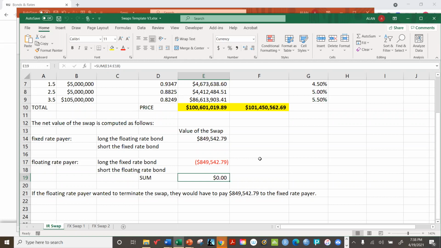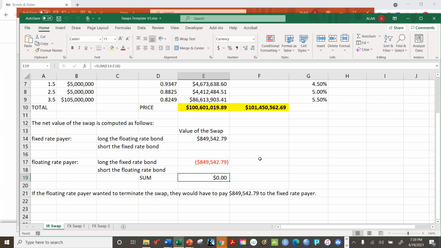But if for some reason you are the fixed rate payer and you want to terminate the swap because you decided that you no longer need the protection, then the floating rate payer in principle should pay you $849,542.79 for the right to offset the swap. Now, of course, it's not necessary to agree to do this. Both sides have to agree in order to terminate the swap, but this is what it would cost to do it.